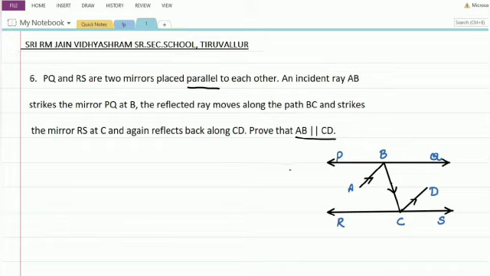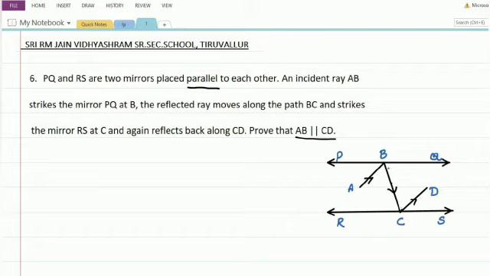So we have already learned to prove that two lines are parallel. We have to prove either alternate angles are equal, or corresponding angles are equal, or the sum of the angles on the same side of the transversal is 180 degrees. So to do this, we are going to give a construction.